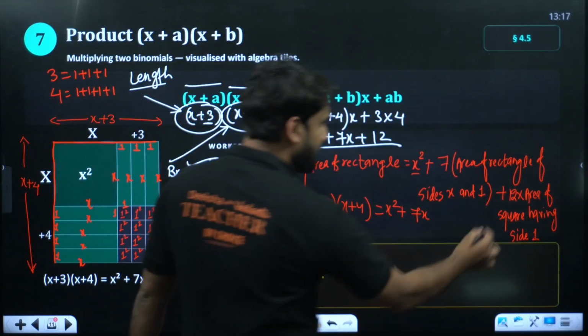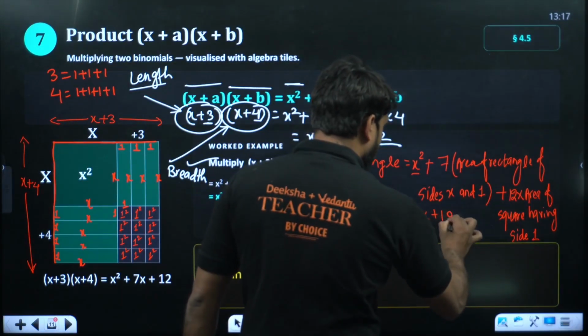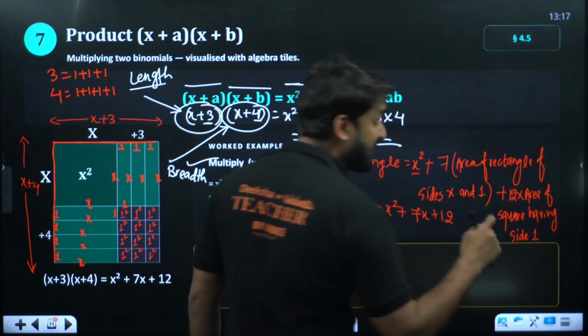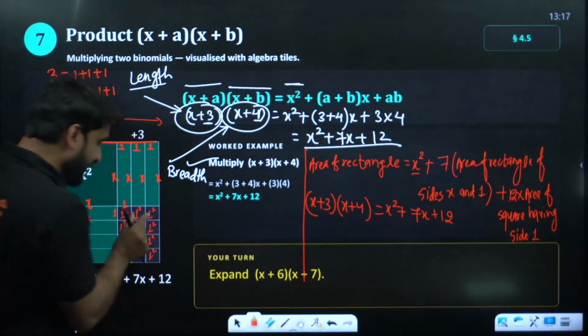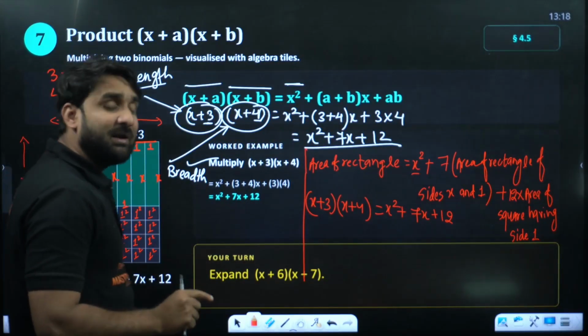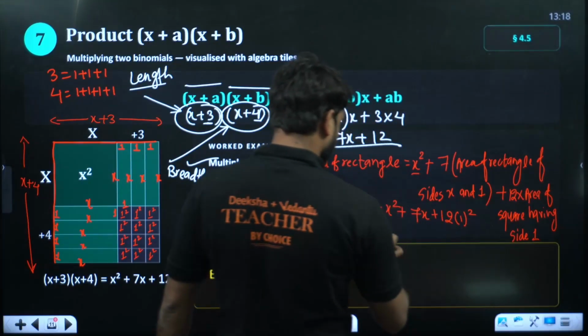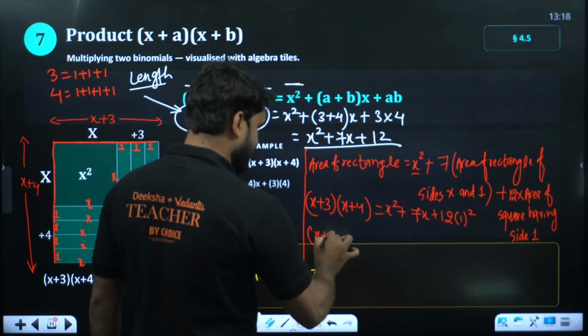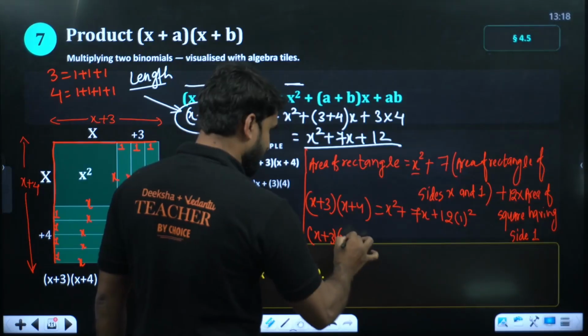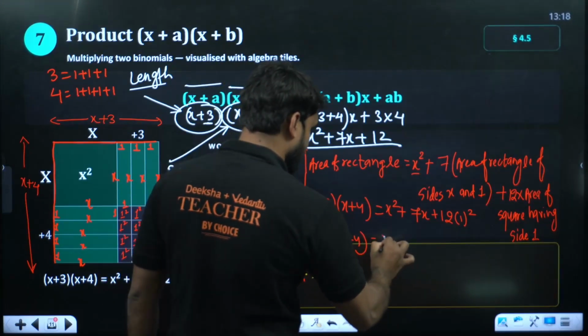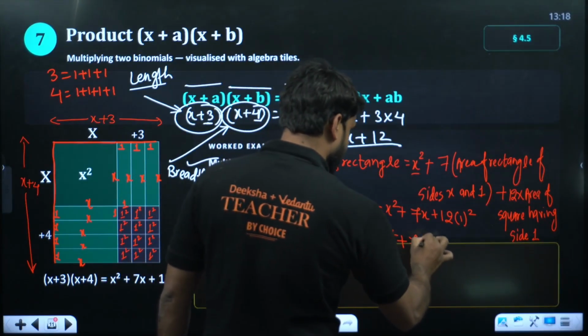And here 12 into area of a square having side 1, which is 1 square. So we have x plus 3 into x plus 4 is equal to x square plus 7x plus 12.